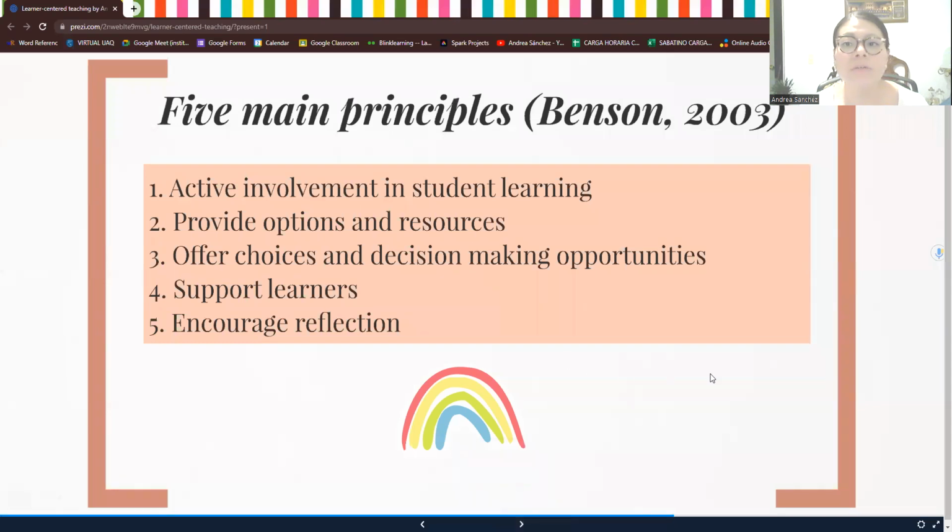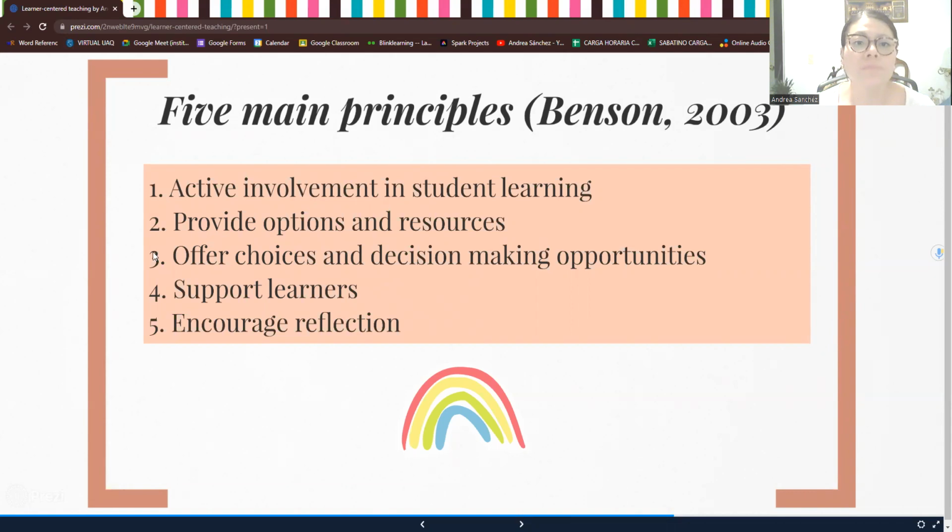And in the beginning of the 2000s, even though this was basically proposed in the 70s and developed in the 80s, there are a couple of principles that were proposed by Benson in 2003.